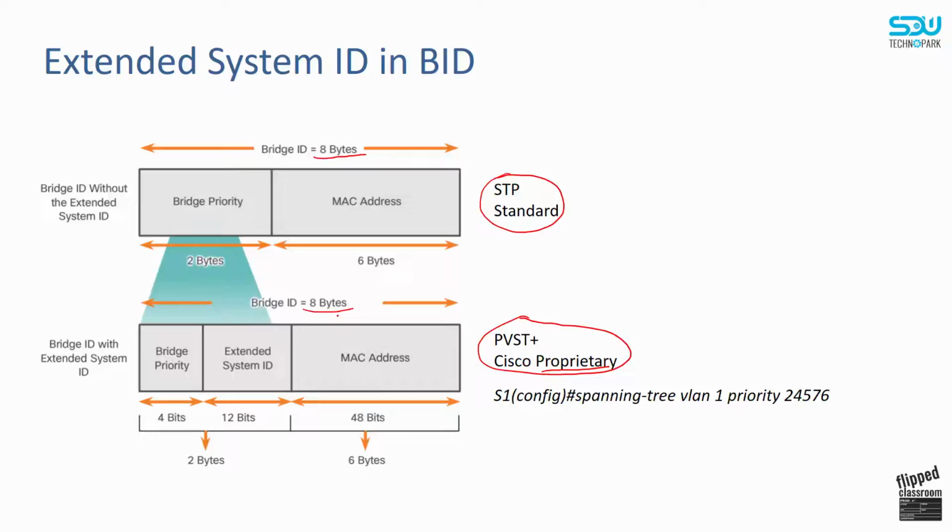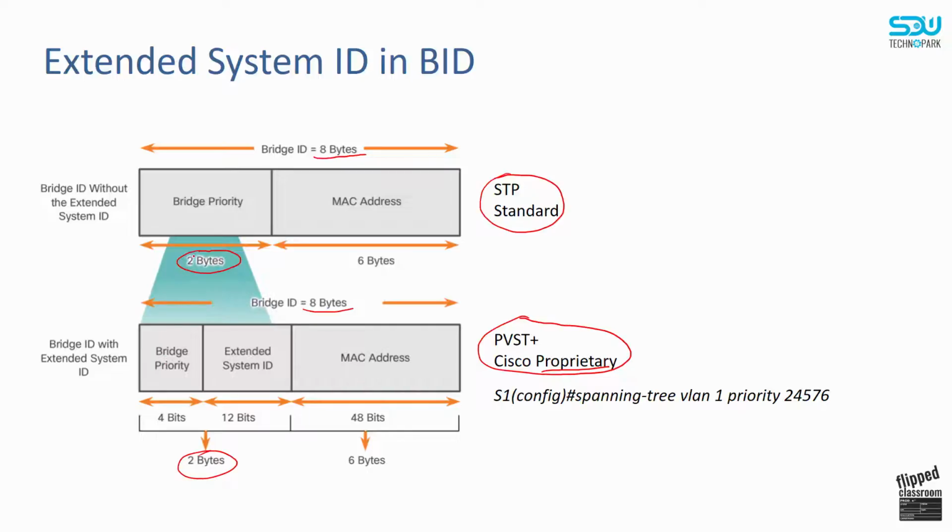But the differences between them: in STP the bridge priority was only 2 bytes, and in PVST plus the bridge priority and the extended system ID together also get 2 bytes.